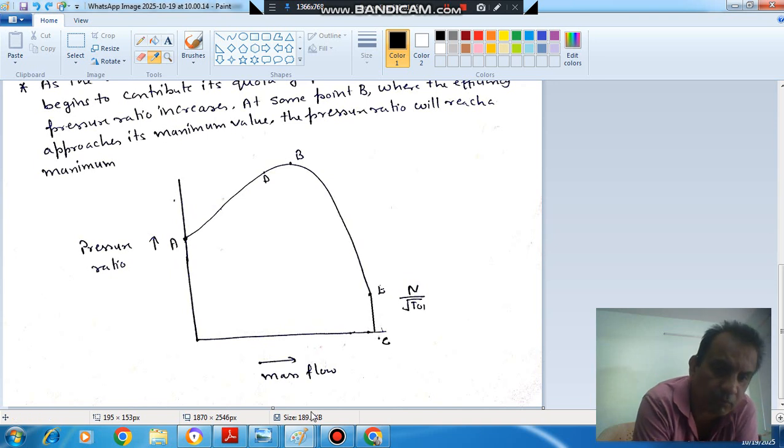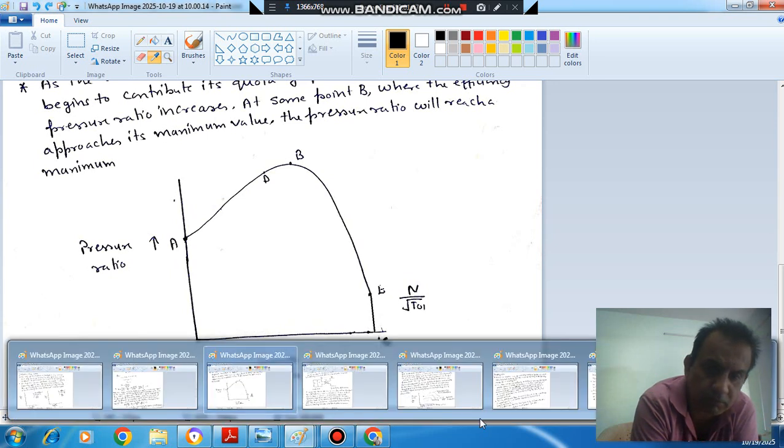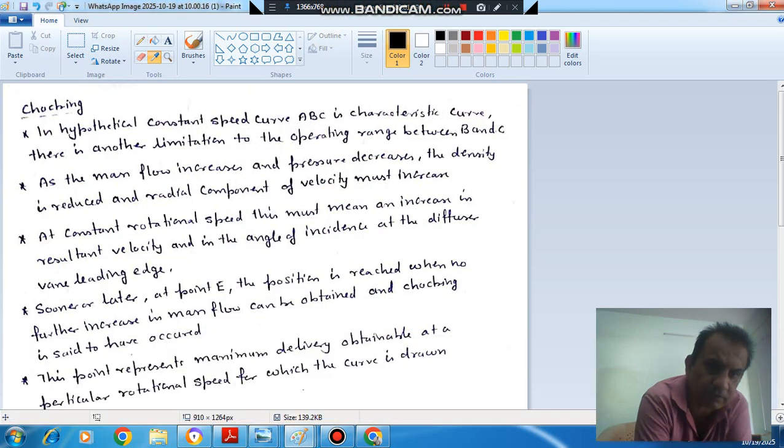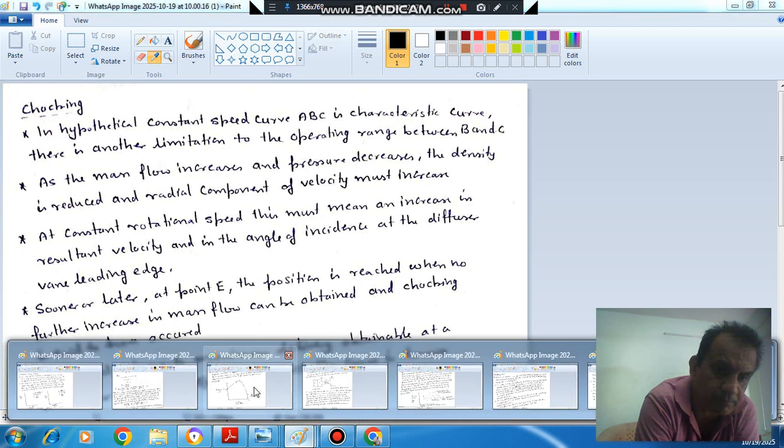We have more C2, but C2 has some limitation. It can have some maximum value, it cannot go above that limitation. So there will be a particular condition for which the mass flow rate is maximum. Suppose that point is your E point.